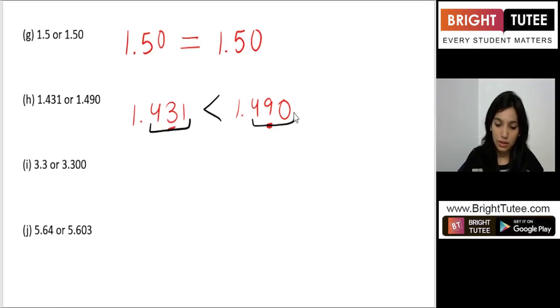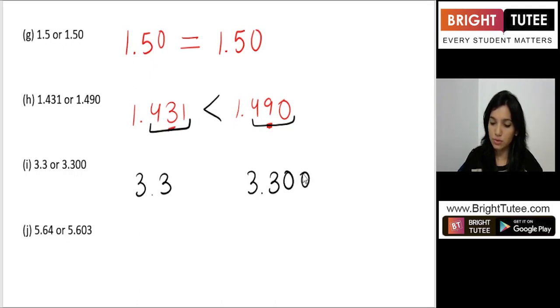Okay, now the next one is 3.3. And here we have got 3.300. So as I said, don't read the numbers after the decimals as 3 and 300. No, don't do that. Instead, you'll compare the numbers depending upon the place values, right? So how can we do this?